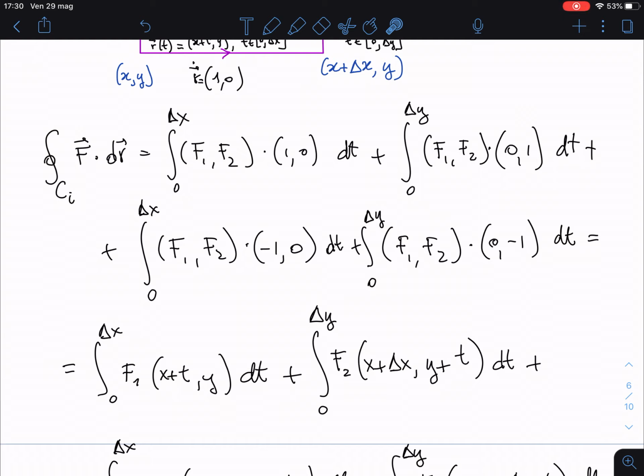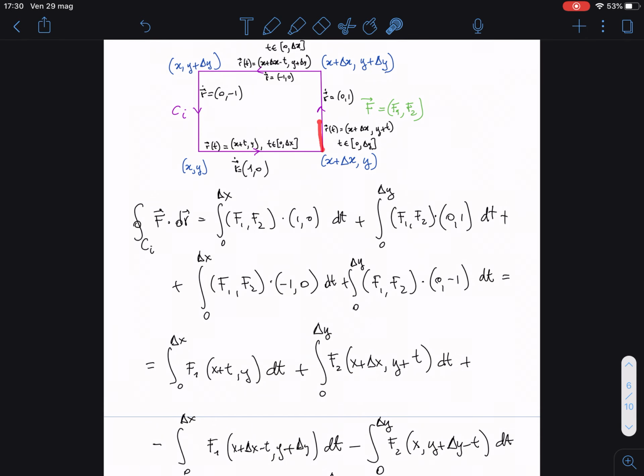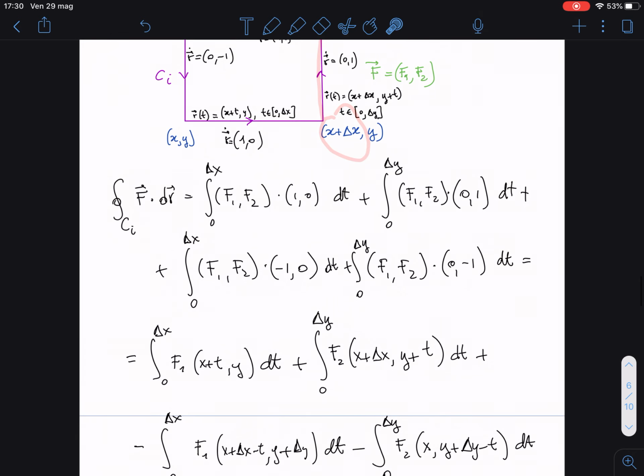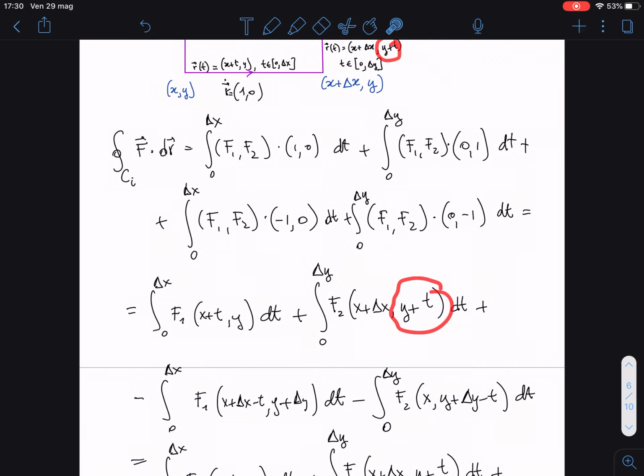So for the second term, we have the integral from 0 to delta y, and the only surviving component of the field is the second, f2, and the parameterization this time is on x plus delta x. This is a vertical side, here it is, with x-coordinate x plus delta x, and then we have y plus t as a second coordinate, okay?